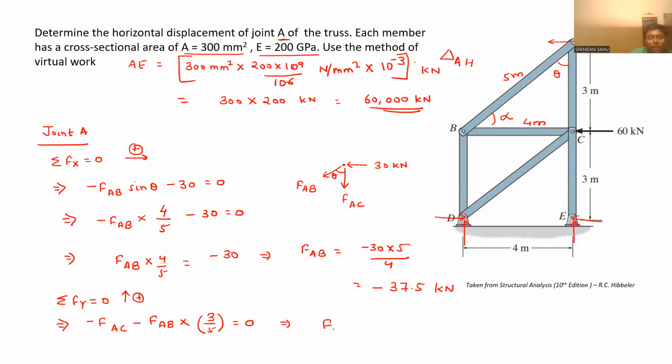So FAC equal to minus FAB into 3 by 5, with FAB being 37.5 in magnitude. So it will be 22.5 kilonewton. So this member force and this member force we have calculated.